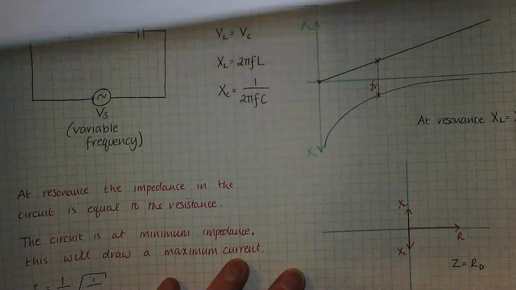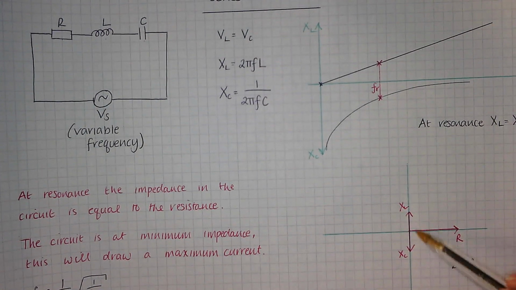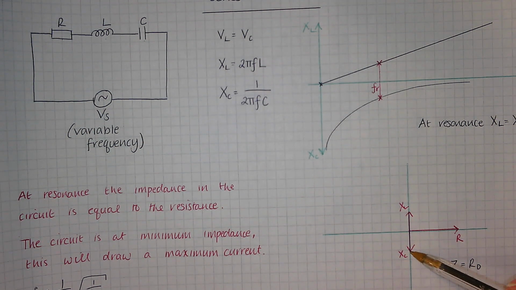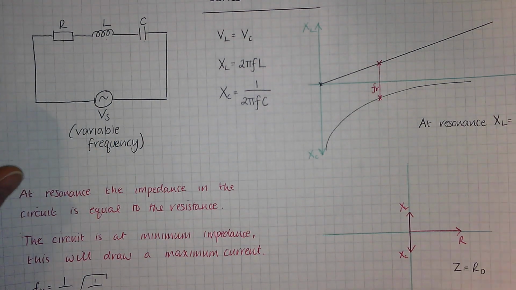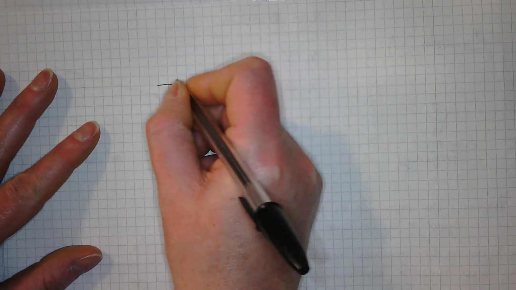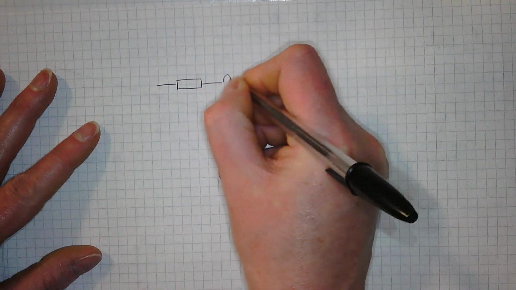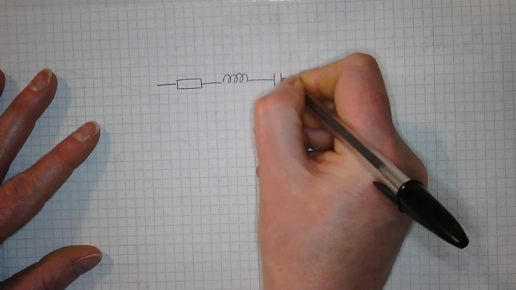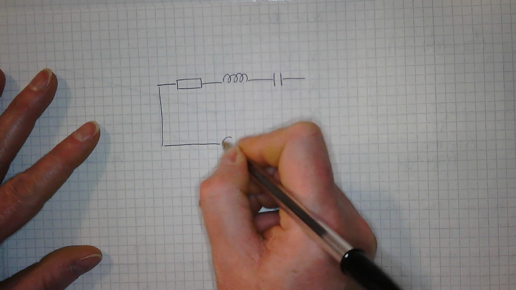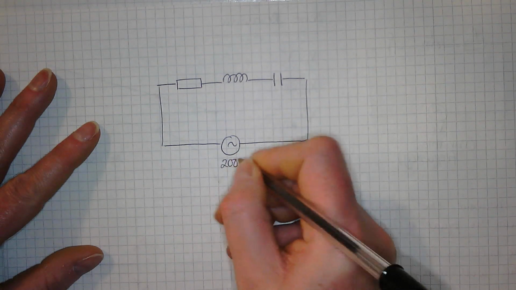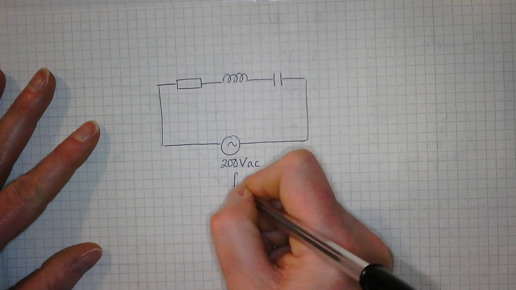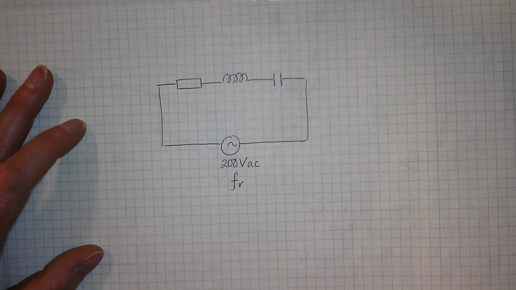Then you have a thing, Q factor, which is about voltage magnification factor. Now, the values that I chose gave you a small XL and a small XC. So they would give you bigger voltages. So you can theoretically have a resonant circuit, and say that was 200 volts AC at some frequency that's resonant, we don't know.